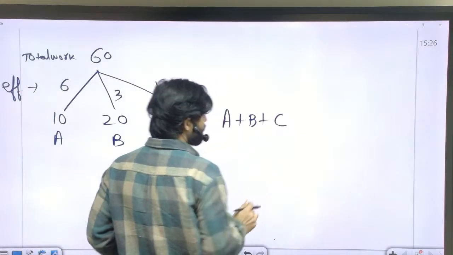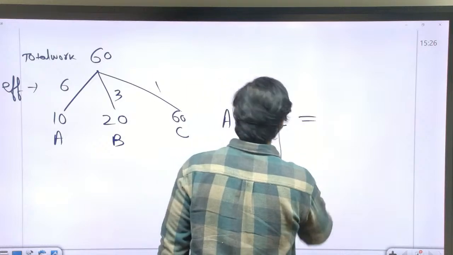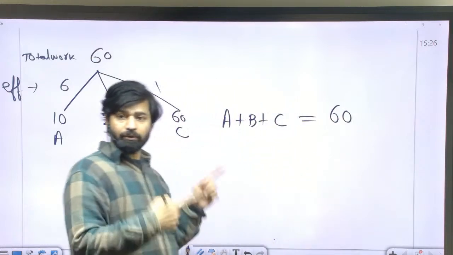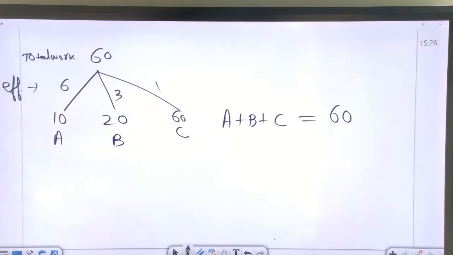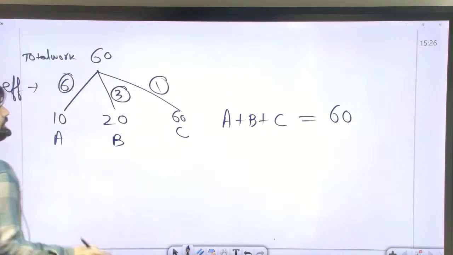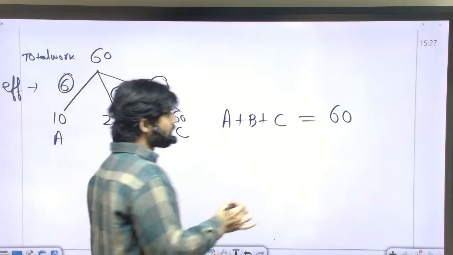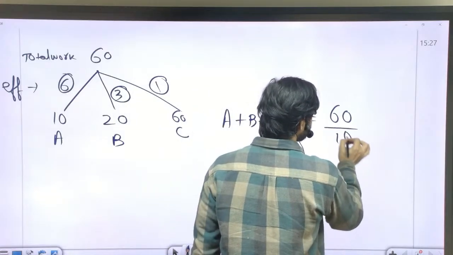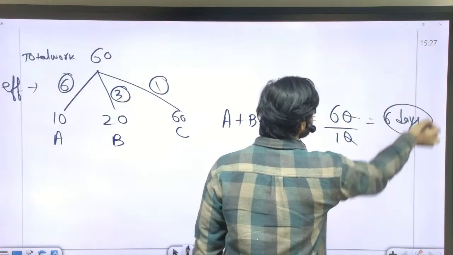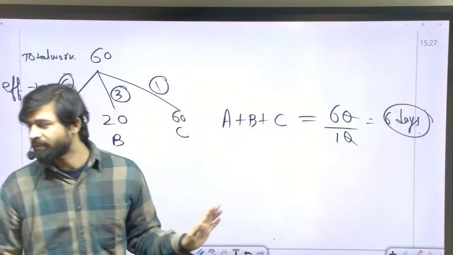The work is 60 units. We divide it by the combined efficiency of A, B, and C. The combined efficiency is 6 plus 3 plus 1, 10. So 60 divided by 10. Together they will take 6 days. So the answer is 6 days.